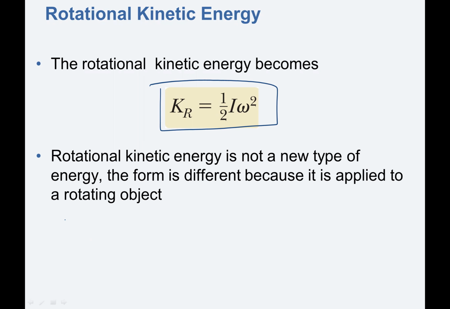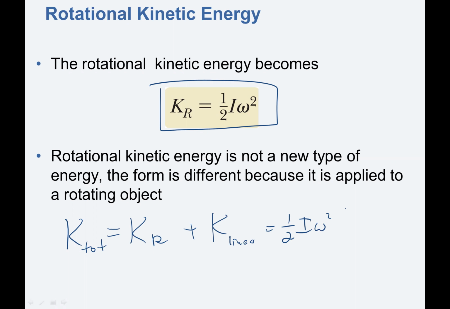In a way, you can think of it like this. This is your total kinetic energy. You can have a rotational part, or what we call linear, which we'll later call translational. You have 1/2 I omega squared if it's rotating.